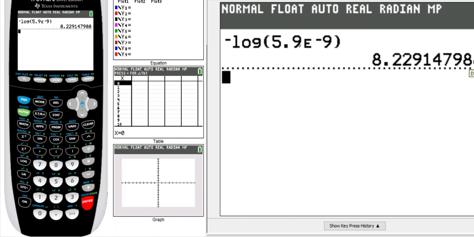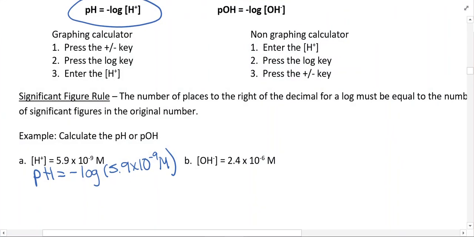Because we have two significant figures in our concentration, we're going to have two decimal places, so we're going to end up with 8.23 as our pH. Notice pH doesn't have any units. Whenever you have a logarithm, you always lose the units.